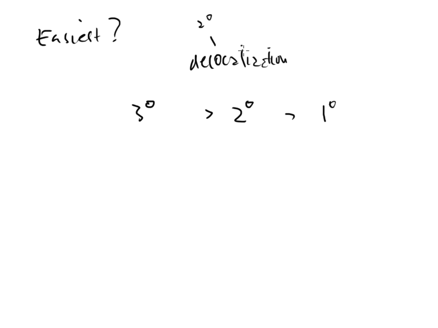The same way with tertiary. If you have a tertiary and a tertiary delocalized, the tertiary delocalized is going to be preferred over just the straightforward tertiary version. But these are the easiest in order to eliminate as far as these reactions are concerned.